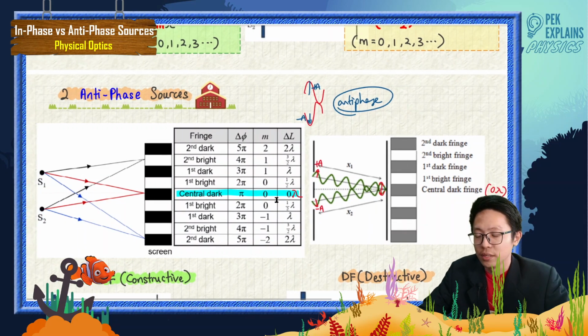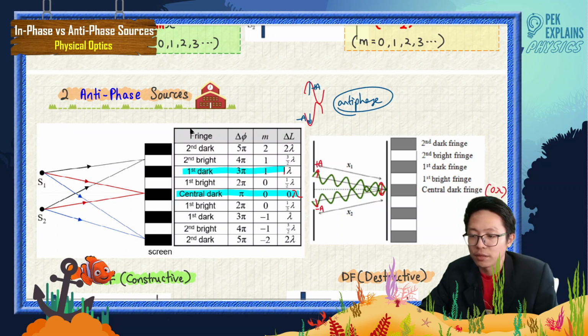So of course, the next one, 1 lambda, 2 lambda. 0 lambda is central dark already, so 1 lambda also dark. Multiples of lambda are dark. 0 lambda is dark, that means 1 lambda also dark, 2 lambda also dark. The ones with 1 plus half lambda, 2 plus half lambda become bright.